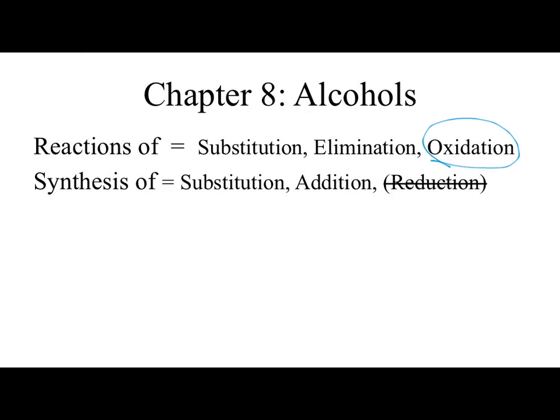So we can oxidize our alcohols up to aldehydes or carboxylic acids or ketones. And then we can also look at the possible reactions as far as making them. Okay? So to make them, we're focused on substitution reactions or addition reactions. I don't remember if I actually put examples in here. Nope, I didn't. Do you guys have any immediate questions about the alcohol chapter?